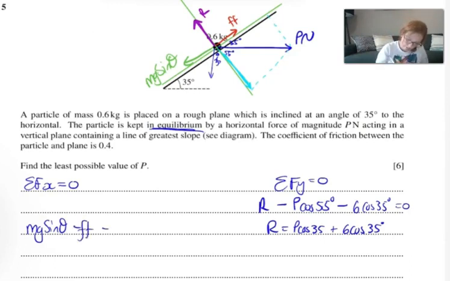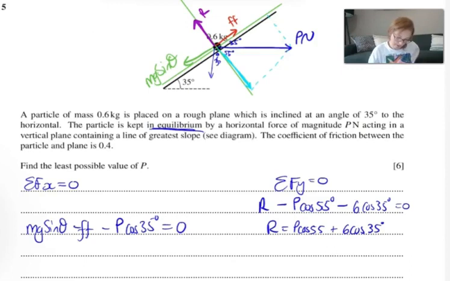And then I've also got a component of P going up the hill. So minus P cos 55. This one must be 55 on this side. Gosh. Okay, minus P cos 55. That's all the forces in the X direction.